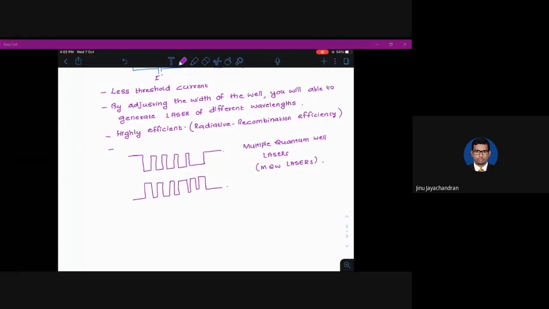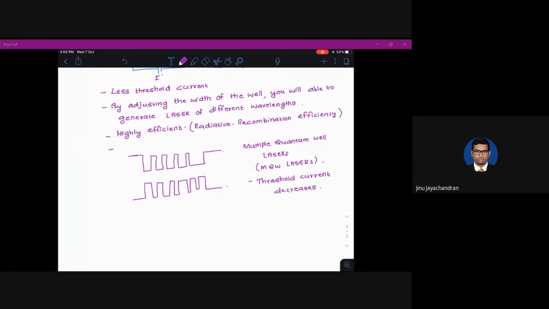As you increase the number of wells, the threshold current will reduce again and again. So the advantage is that the threshold current, which is the current that needs to be supplied for population inversion, decreases.